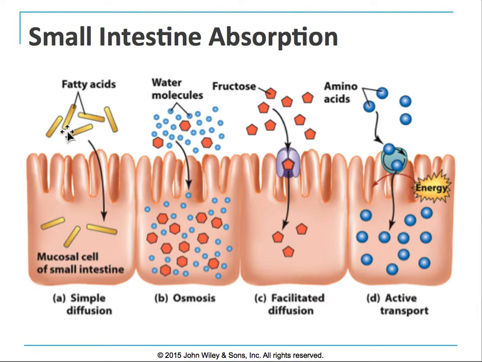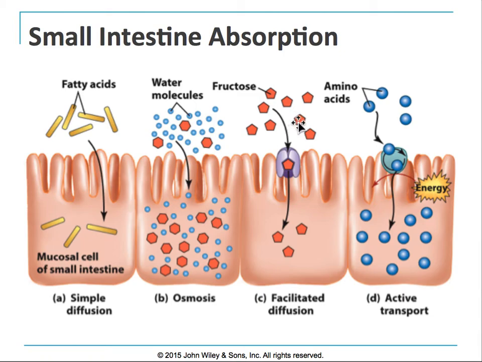So the fatty acids move very easily through the villi into the mucosal cell of the small intestine through simple diffusion. Water molecules, again, those water molecules that move with diffusion, we call that osmosis. Then we have facilitated diffusion here with the fructose. Now the fructose is this weird pentagon shape.